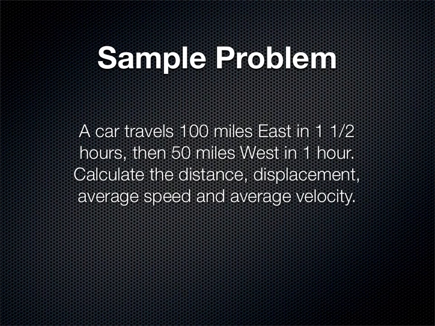So now it's time for the grand finale problem. So in your notes, we're going to call this problem number 3. And the problem is, if I have a car traveling 100 miles to the east in an hour and a half, then it goes 50 miles to the west in 1 hour, we need to calculate 4 things: the distance, the displacement, the average speed, and the average velocity.